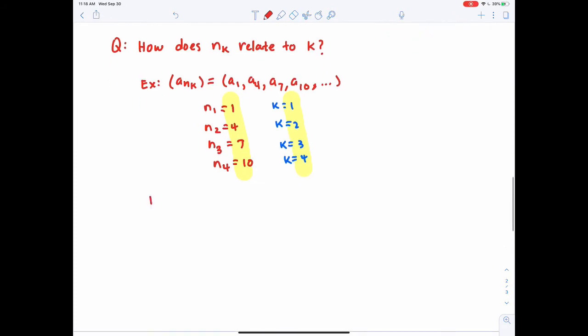So in general, n_k is greater than or equal to k. So if you're restricting k to be greater than or equal to some tail, capital N, then n_k will transitively also satisfy that restriction.